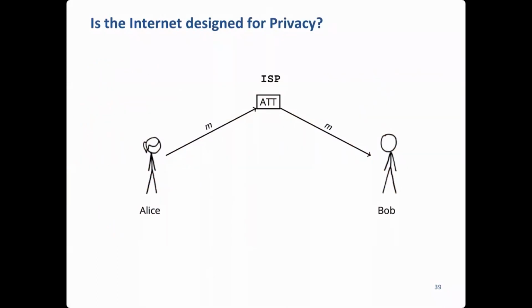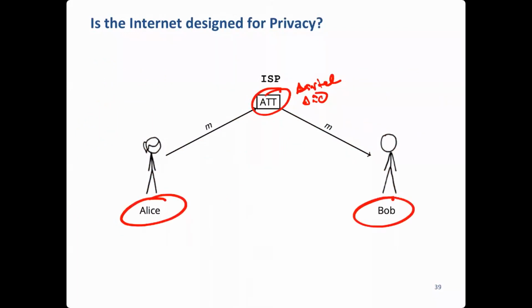All right. Now, the question that I'm asking in the next 2 minutes is that this is the ISP. It could be Airtel or Jio or AT&T or whatever. Alice is sending mail to Bob. It is going through, of course, the ISP and many other routers.